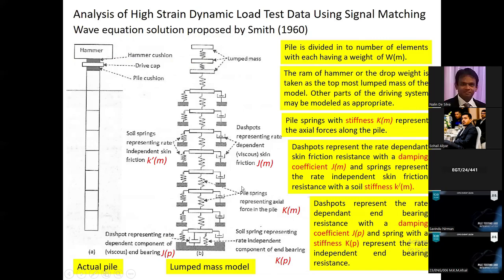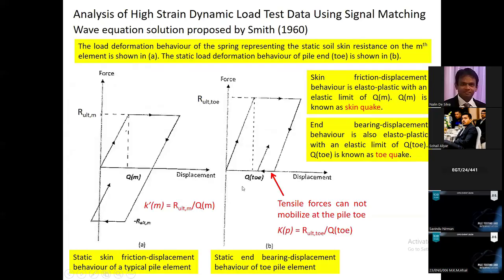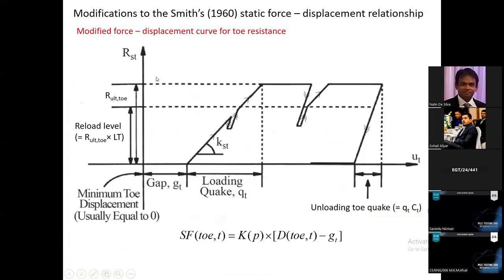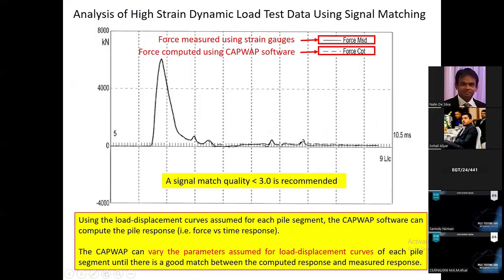This is what the software does. So after doing the CAPWAP analysis, you will get this kind of almost perfect match between the measured response and the CAPWAP calculated response.